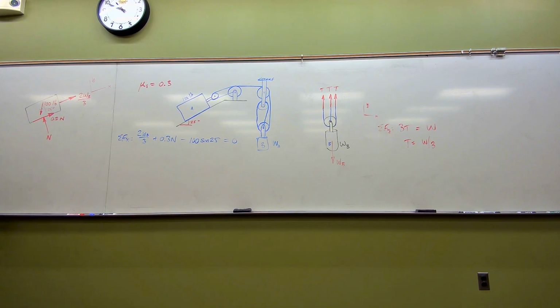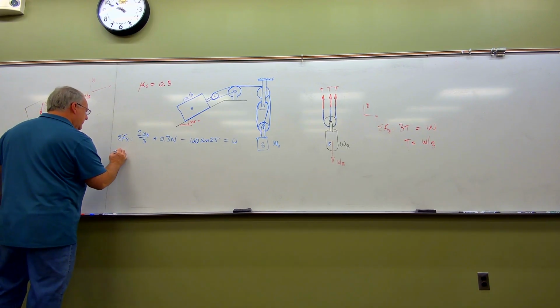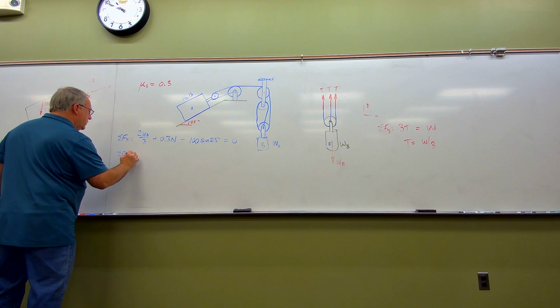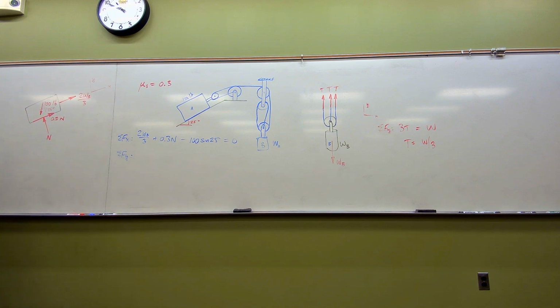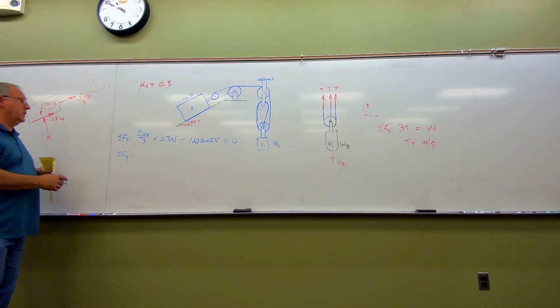As I look at that, I see, of course, I've got 2 unknowns. I can't do anything with that. So let's go ahead now and sum forces in the y direction. Very importantly, we'll note that this force here is purely x directional, and this force here is purely x directional. So the only y direction force we have is N, which is drawn in the purely positive y direction.